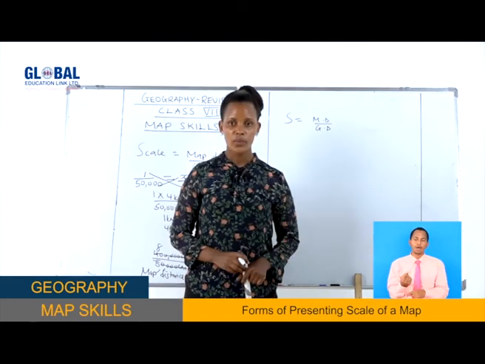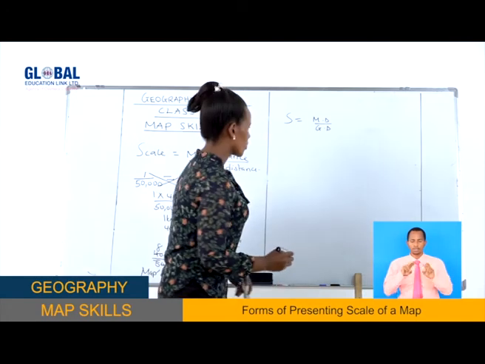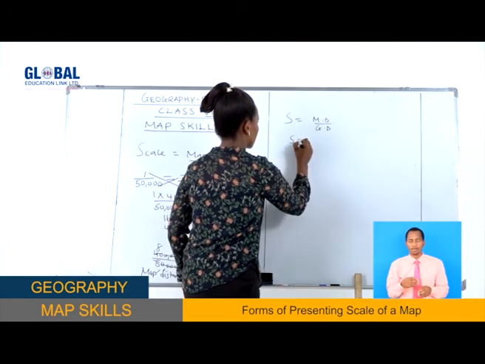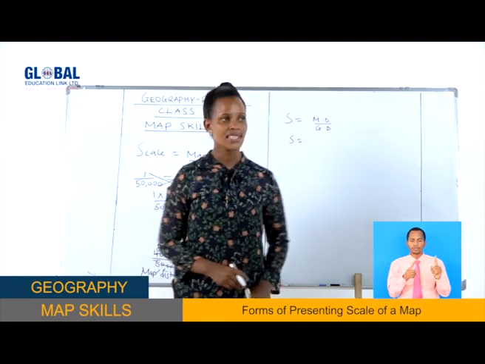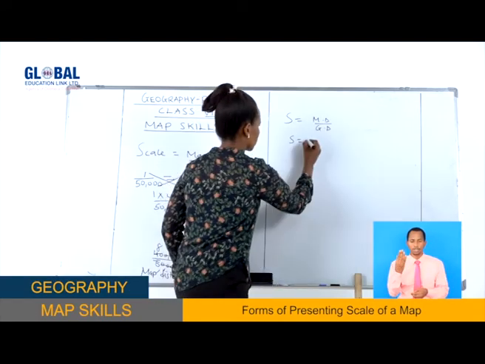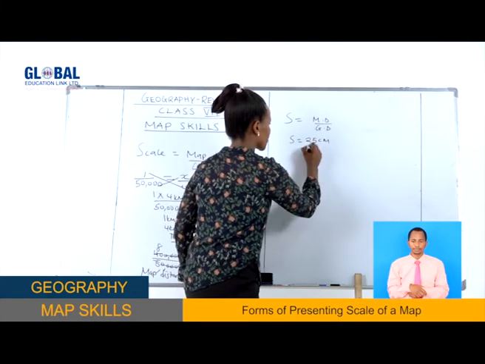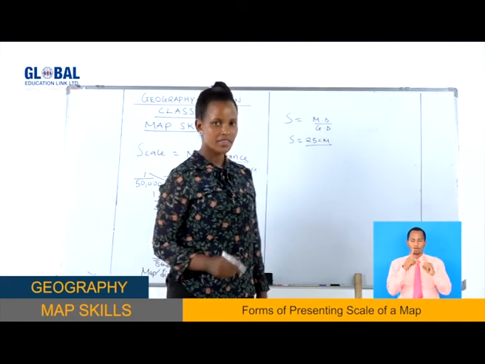In our question, we are looking for the scale of a map. So scale is equal to, map distance given is 25 centimeters, and the ground distance is 5 kilometers.